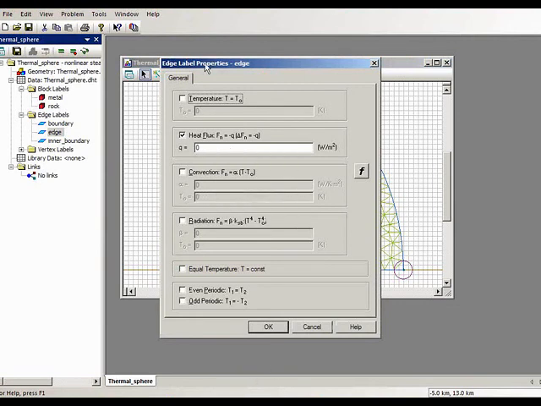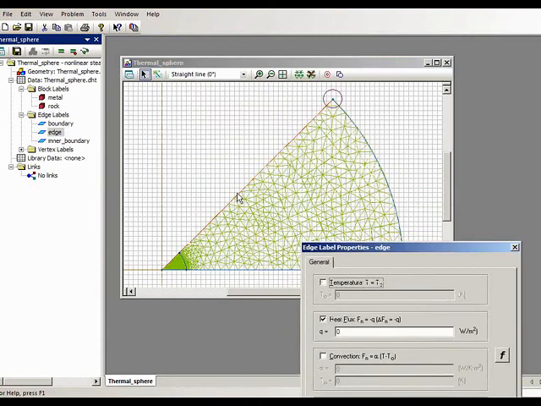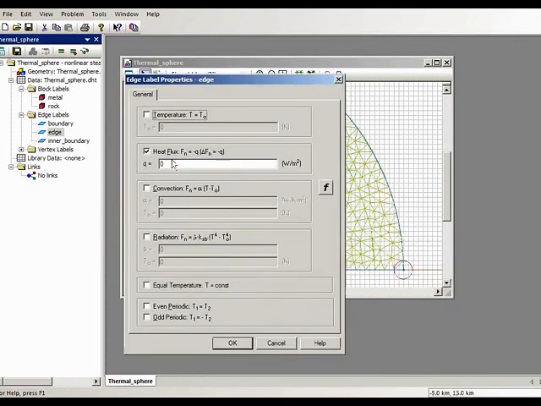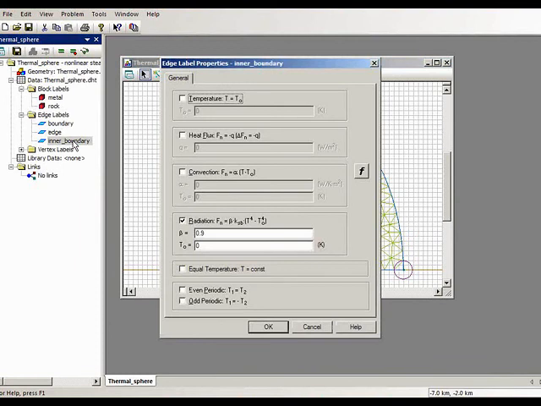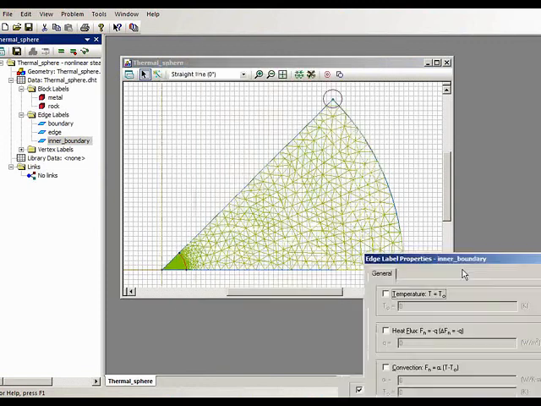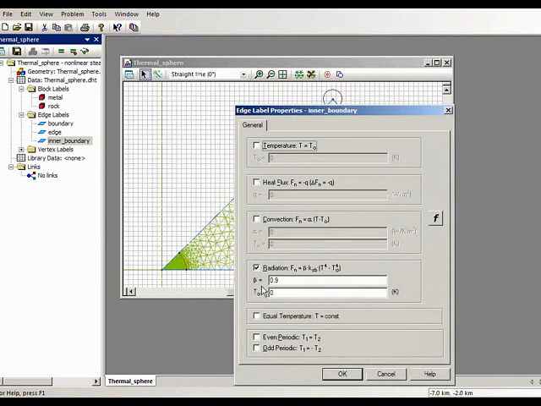We don't expect the heat flux vector to be normal to this boundary. In fact, I could make the wedge smaller if I like and give it a 0 normal heat flux condition. Now, I have put a radiation boundary condition on the interior metal part of the body here, and it has been given an emissivity of 0.9.